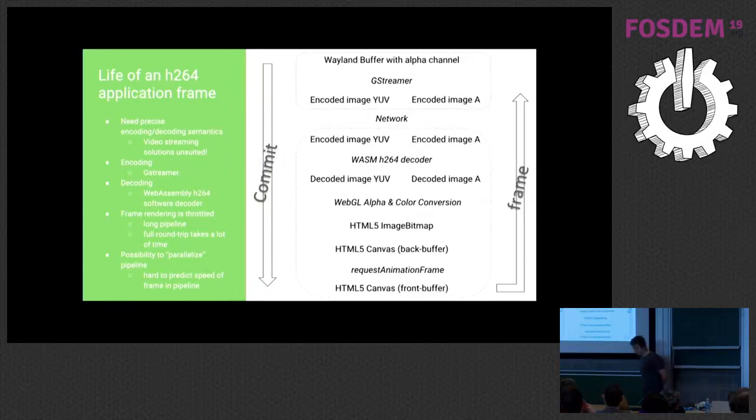Now, first thing first, when I first started to implement the remote application forwarding, the first thing that comes to mind when you think about showing an application in your browser is video streaming. Browsers support video decoding internally. They do it fast, they do it efficiently.